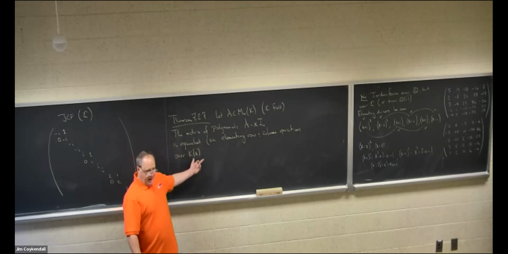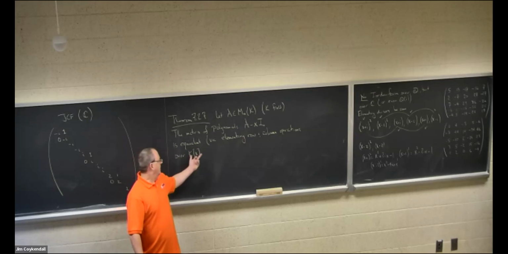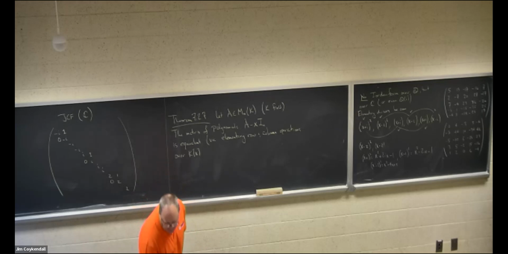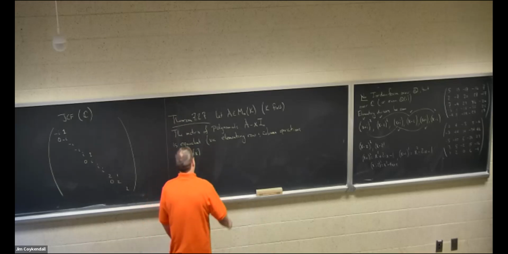When I say over K[x], what I mean is I can invert any non-zero element of K, but for polynomials I can't divide by x. I can't divide by any polynomial of degree 1 or greater, to a diagonal matrix.